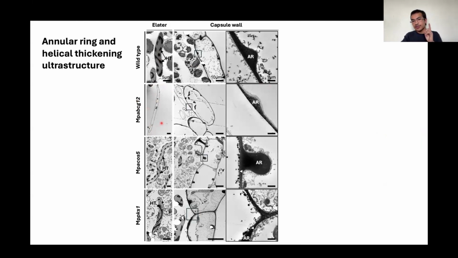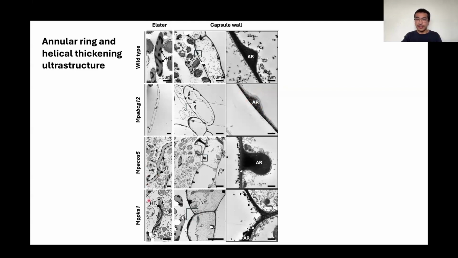And interestingly, even though through light microscopy the annular rings look somewhat normal aside from the color, we see that they are a lot thinner relative to the wild type. And they're a lot less electron dense. There are white dots, grainy, all throughout the annular rings.